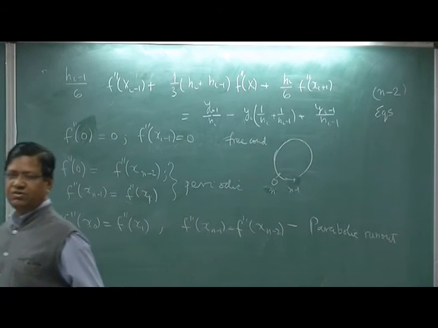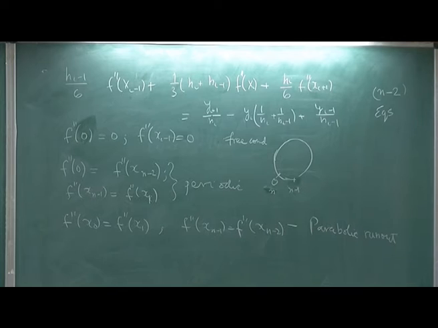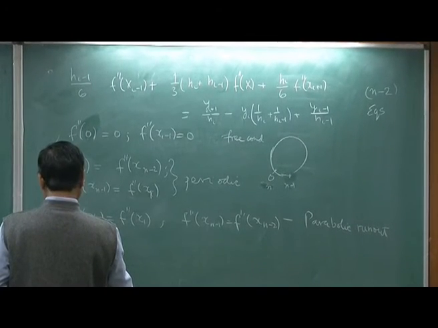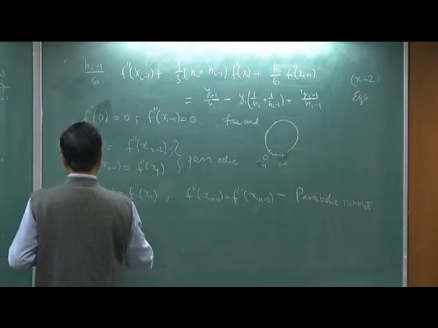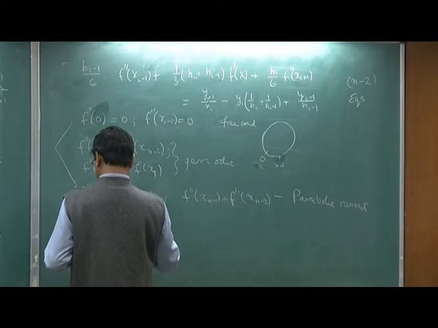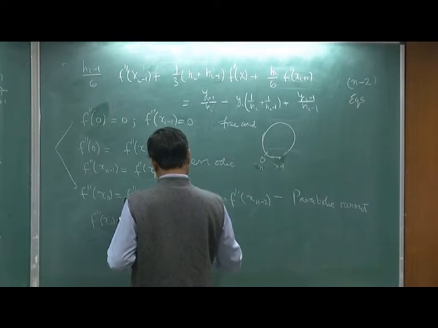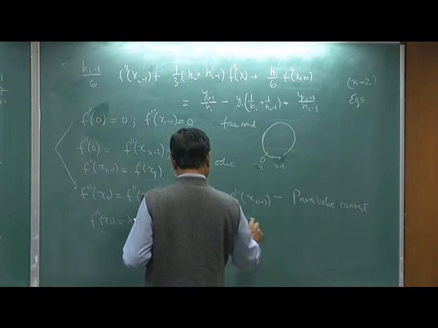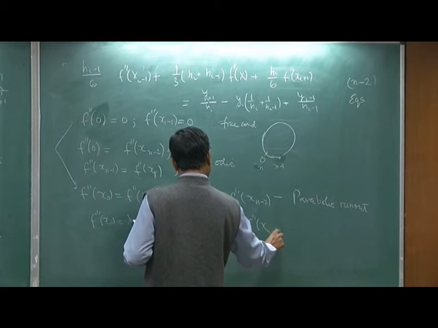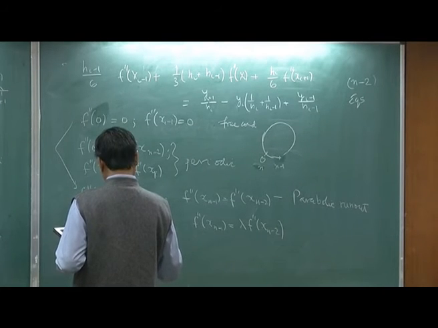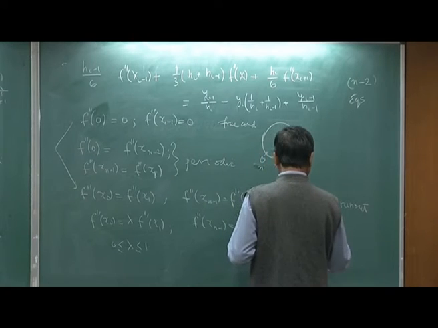Since the double derivative is equal at two consecutive points, my function will be parabolic, the derivative is constant, so it's parabolic near the end. Now these two can be combined to call the cantilever end. Lambda lies between 0 and 1, and this is called the cantilever condition, cantilever end.